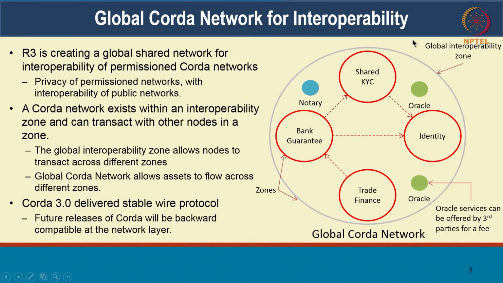Those sorts of interoperability functions will become possible with this global interoperability zone. Corda 3.0 delivered a stable protocol for this, and the future versions of Corda will be compatible with this. So this really allows multiple networks to be interoperable and assets to be taken from one network to another network, and nodes to really transact across these different zones.